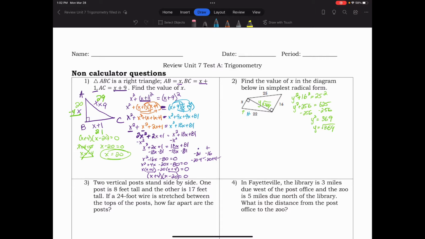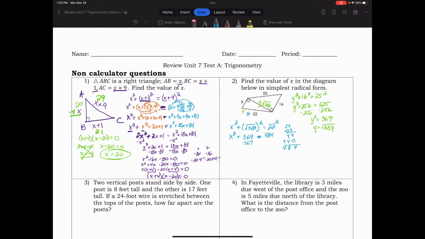Again, this is my hypotenuse here, so I'm going to do x squared plus radical 369 squared is equal to my hypotenuse squared. This is x squared plus 369, because you take radical 369 squared. Now this is 22 times 22. 2 times 2 is 4, 0 placeholder, 4, 4, 4, 8, 4. So I have 484.